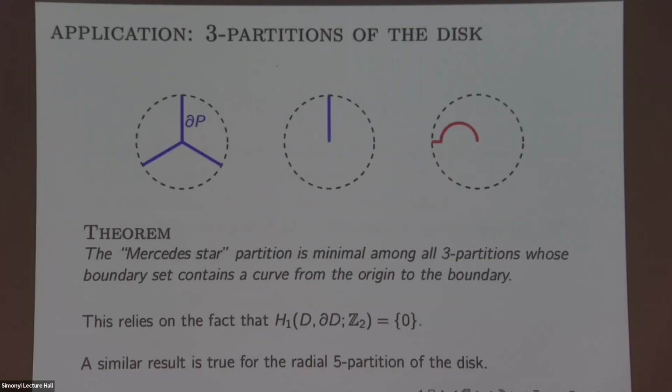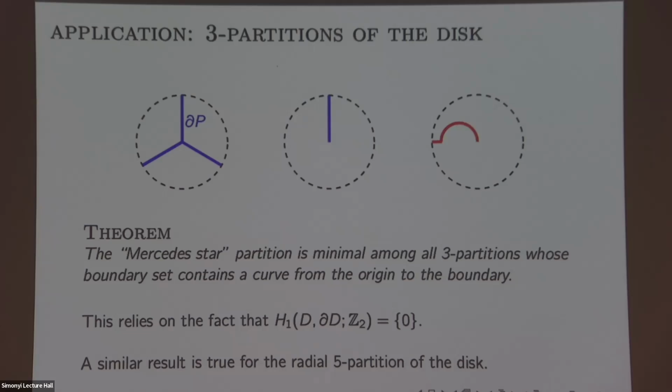So the result we have in this case says, this Mercedes star partition comes from a Courant-sharp eigenfunction of this cut Laplacian we introduced. And our theorem says that it minimizes energy within this homology class. So it minimizes energy compared to any other three partition that satisfies some homological condition. What is that condition?